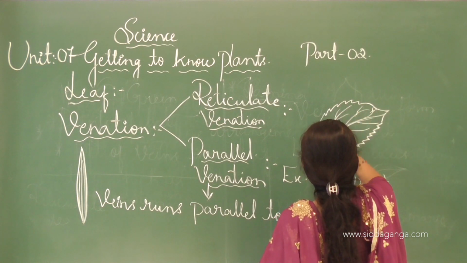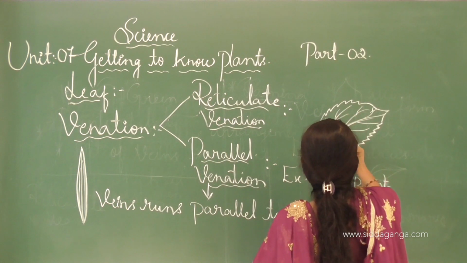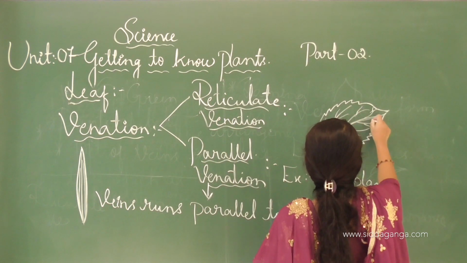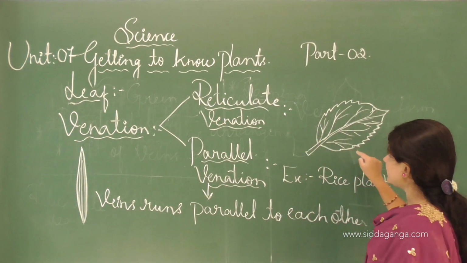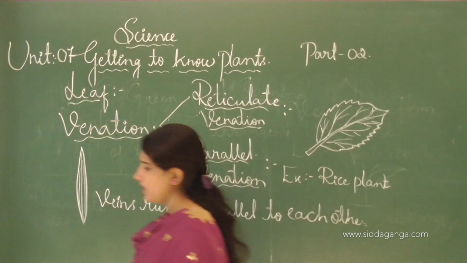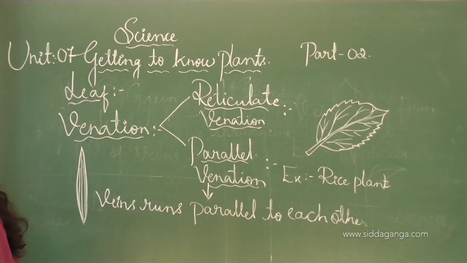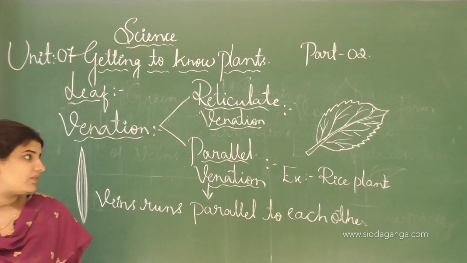Like that, a network of veins will be present in the leaf, and this is one of the examples of a reticulate venation, that is the hibiscus leaf.